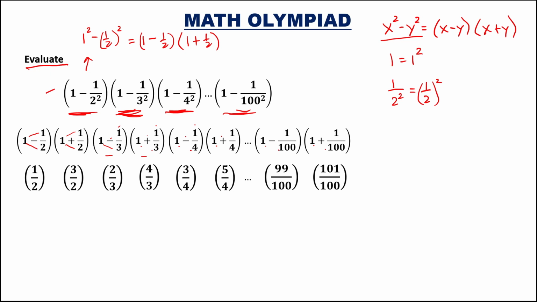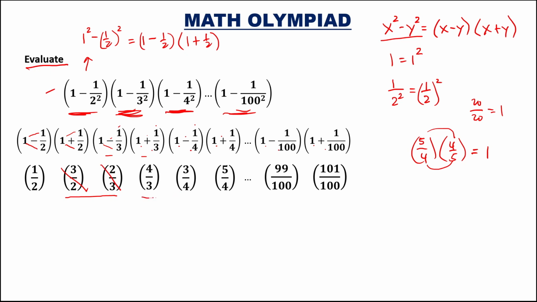Now observe from the given numbers. Take note that 5 over 4 times 4 over 5 is equal to 1 because 5 times 4 is 20 over 4 times 5, also 20. So again, this is equal to 1. Therefore, from these numbers, 3 over 2 and 2 over 3 is equal to 1.